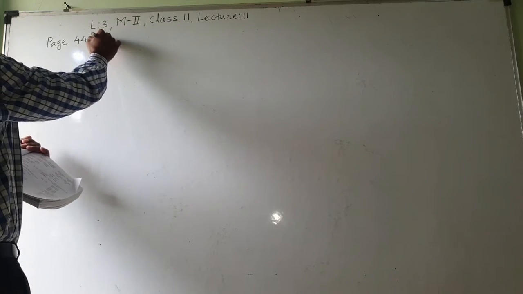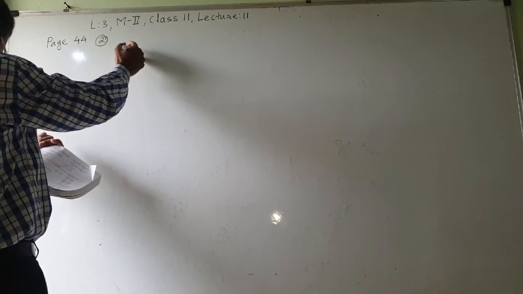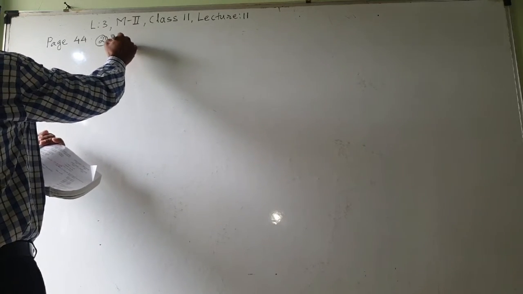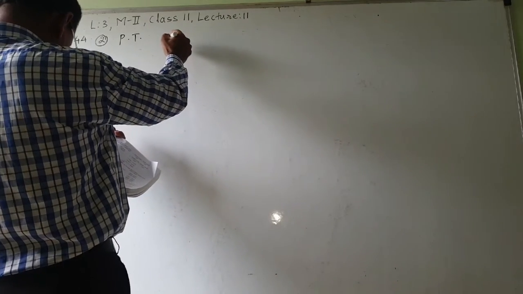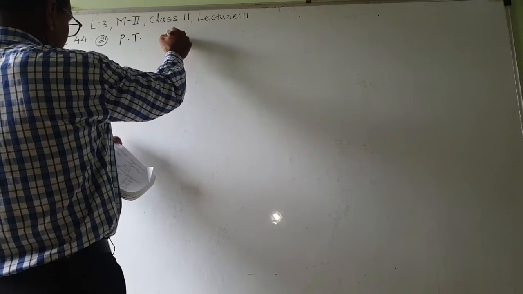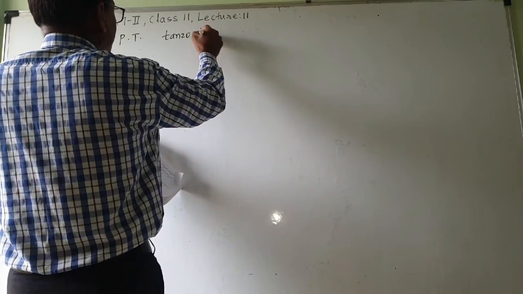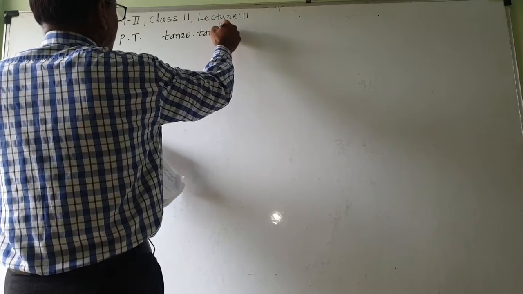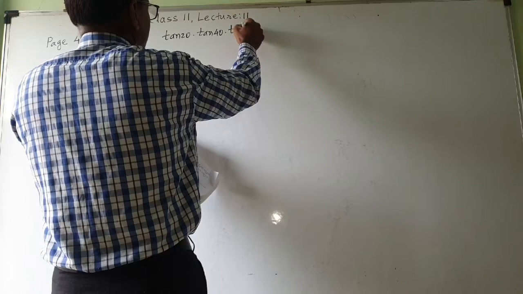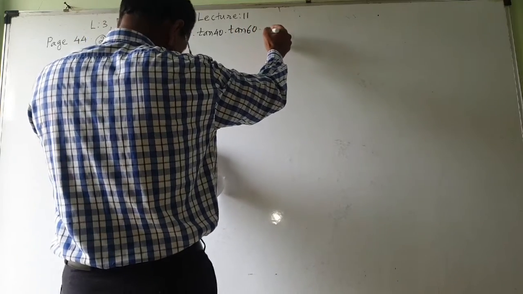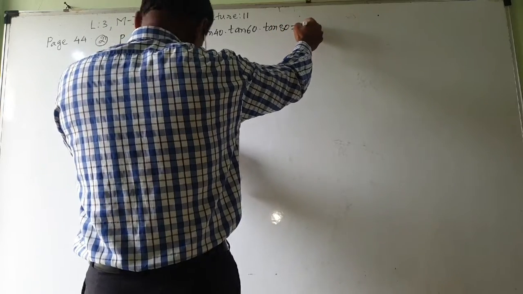Prove that, second example: tan 20 into tan 40 into tan 60 into tan 80 is equal to 3.